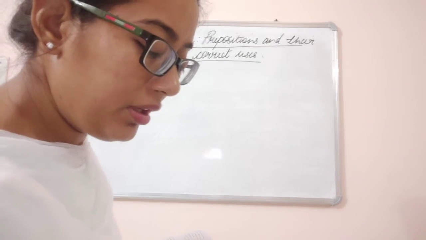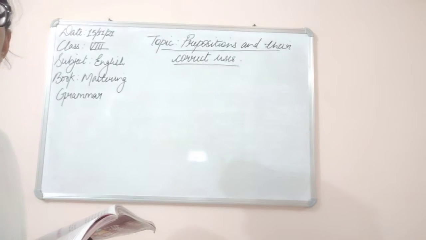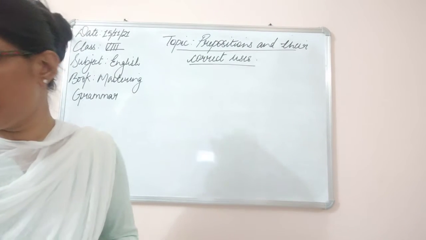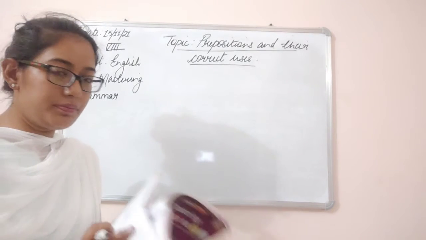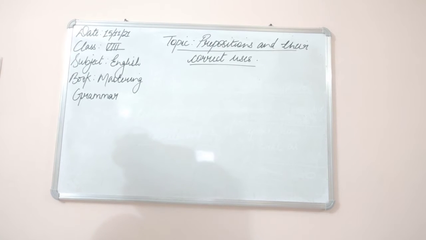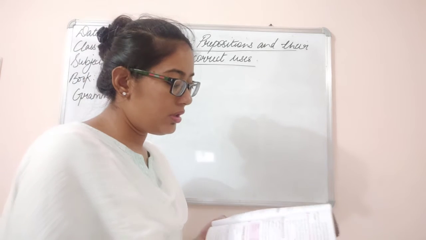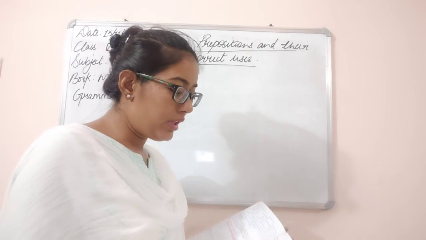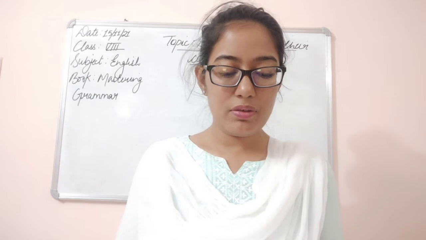So, what is happening in exercise number G? The question is, fill in the blanks with appropriate preposition from the brackets.